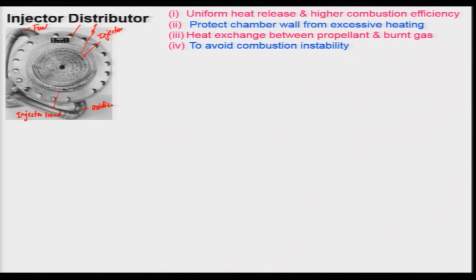One is that at the periphery of the injector head, or near the wall region of the combustion chamber, the fuel injectors are placed such that the fuel will pyrolyze when the heat comes, and it is then not oxidizing in nature to erode the combustion wall.